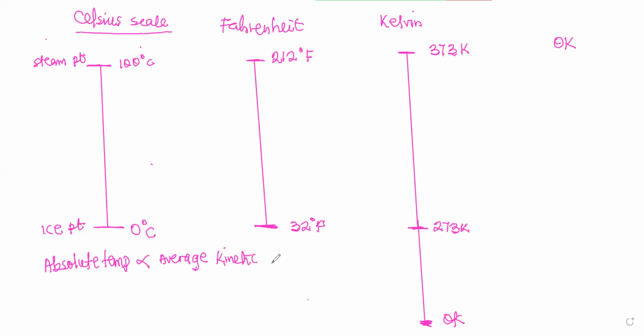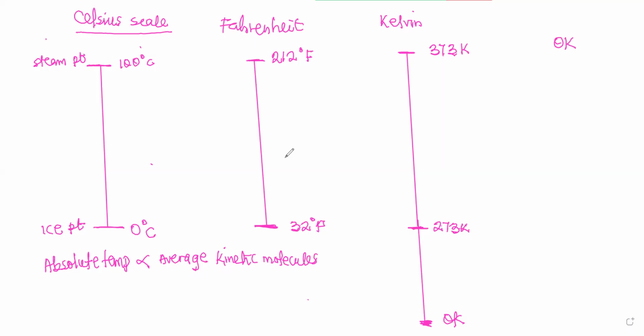Average kinetic energy of molecules of a substance. And when two quantities are said to be directly proportional, note that an increase in one also causes an increase in the other. A decrease in one also would result in a decrease in the other. So absolute temperature is directly proportional to the average kinetic energy of molecules.